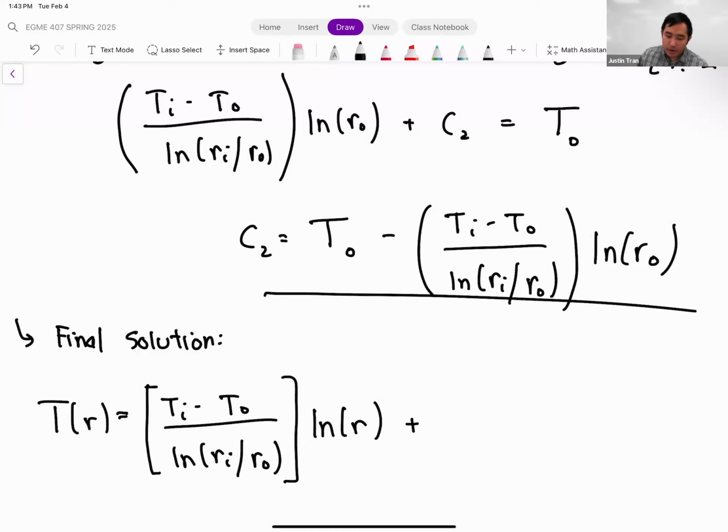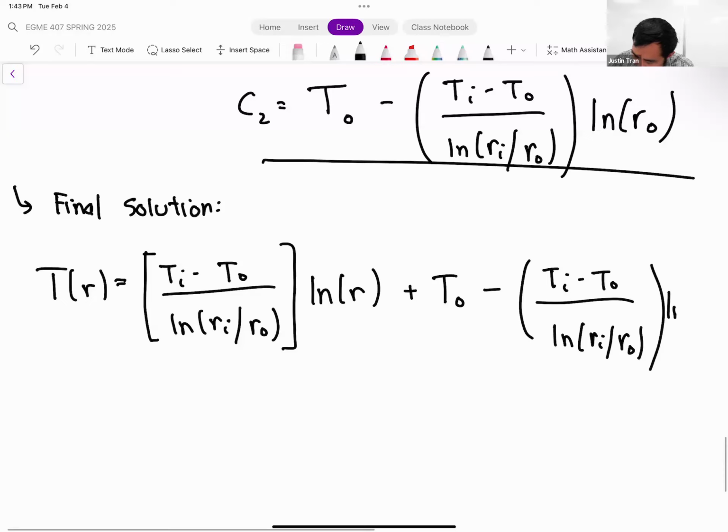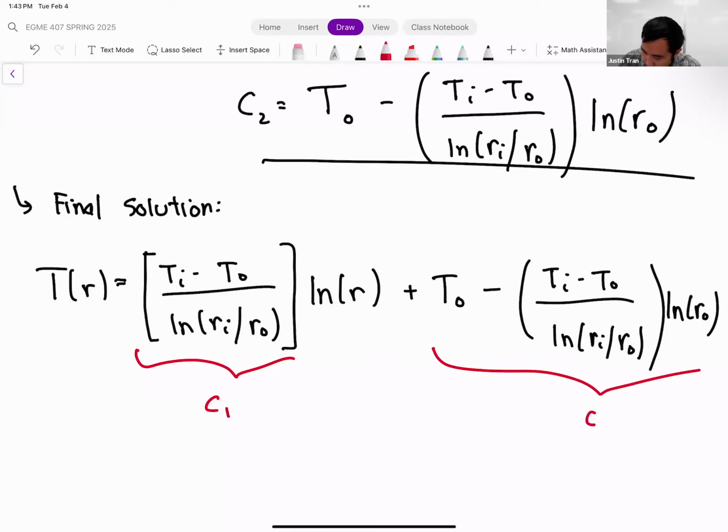And so we have that entire monstrosity right above it: To minus Ti minus To divided by ln of Ri divided by Ro, times ln of Ro. This first part right here is C1, and this entire part right here is C2.